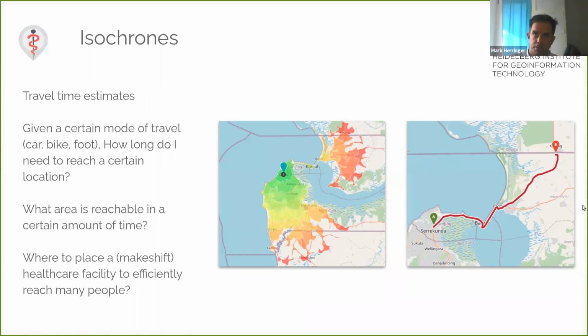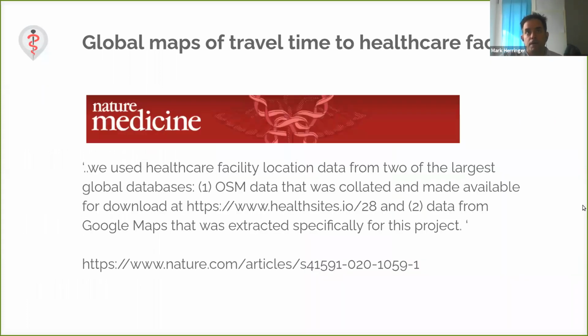This is the technology that's being used at the moment to support people in need. And this is why we need to improve the quality of the data in OpenStreetMap now, so that the COVID response and other disease outbreak events that are happening can be supported. So here's just a reference to the Nature Medical Journal that recently published the global maps of travel time to health facilities.